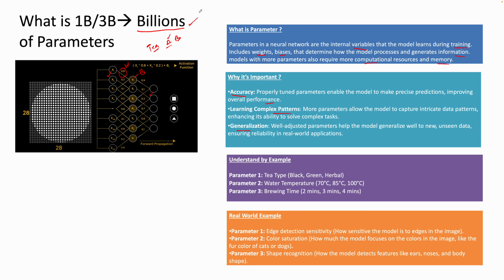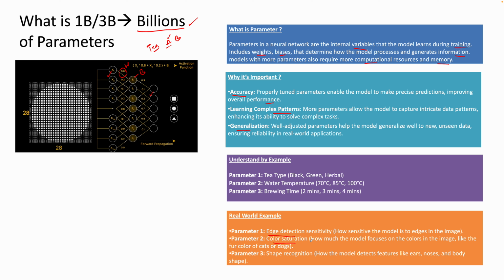And I've also taken a very good real world example, which is image detection software. Now, for image detection software, the parameters could be like in the tea example. The first parameter could be edge detection, where it is looking for edges in the picture, right? So it needs to see how sensitive the model is to the edges.